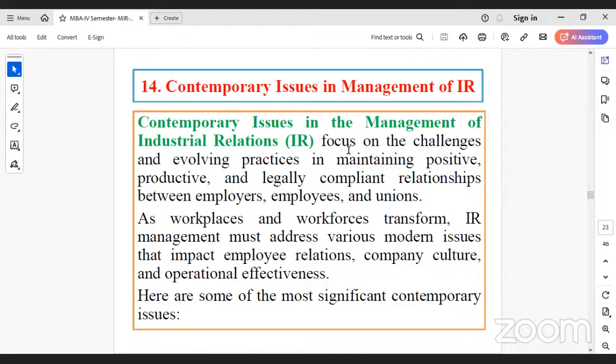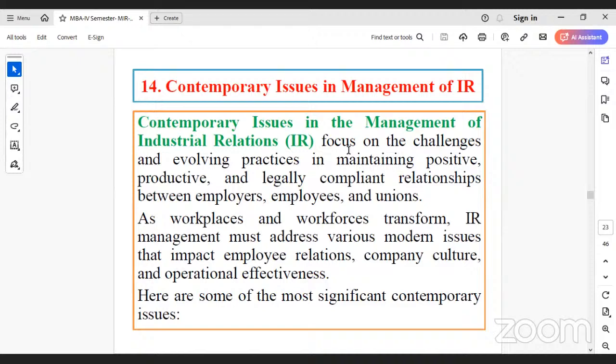Here we have to discuss what the contemporary issues in management are, and how industrial relations are handled with respect to these current, emerging issues.